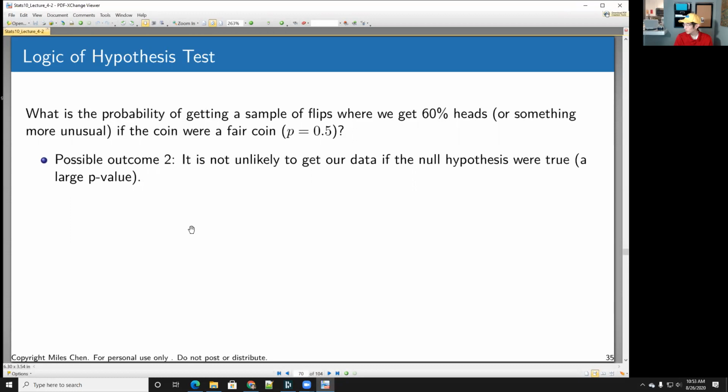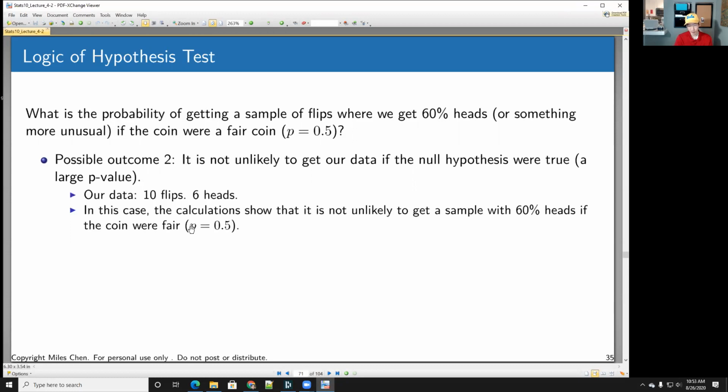The other possible outcome is that when you do our calculations, the calculations say that it is not unlikely to get this outcome of 6 heads out of 10 flips. Whatever data that we have observed, it's not unlikely to get that result.